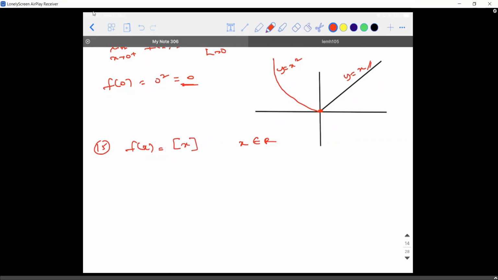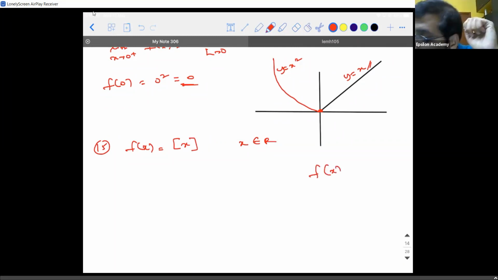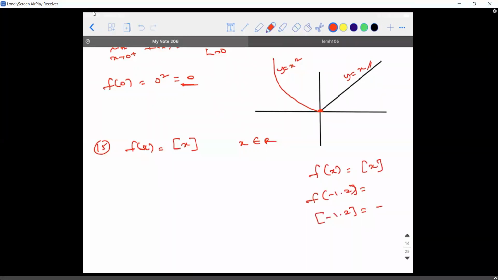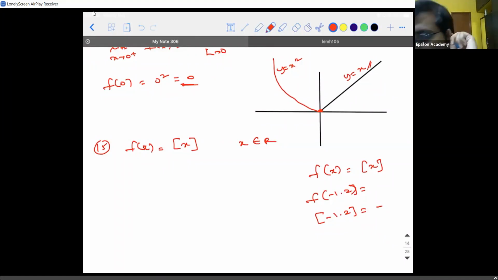Just to recollect the values, if I have f of x is equal to step x, what is f of minus 1.2? Minus 2, correct.